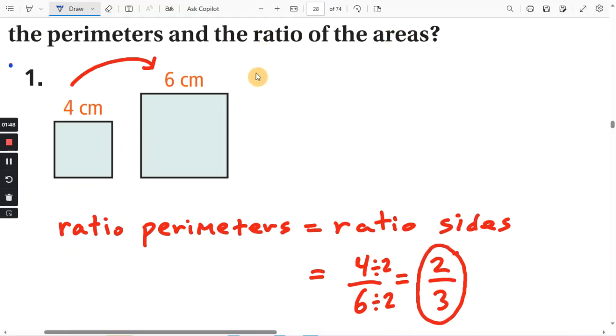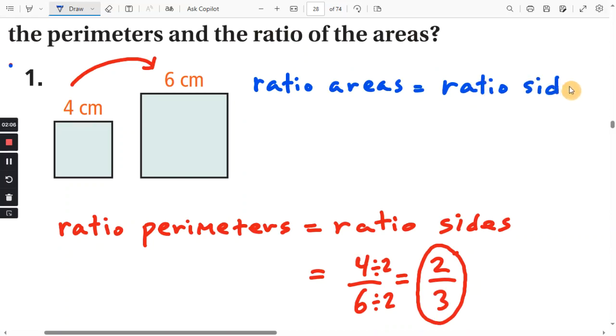Now let's do the ratio of the areas. We said that the ratio of the areas equals the ratio of the sides squared. So we're going to have to take that fraction and square it. The ratio of the sides is 2/3, but we need to square it.